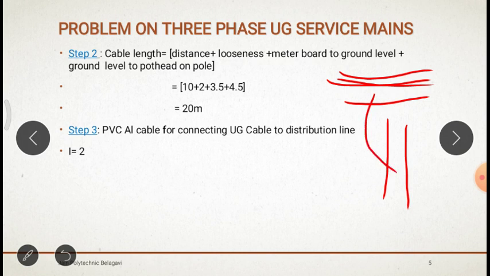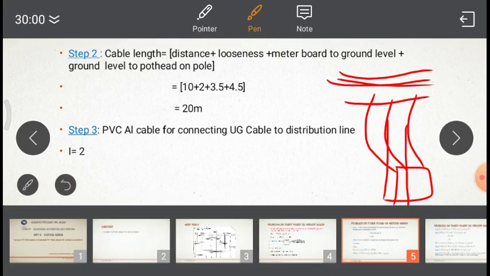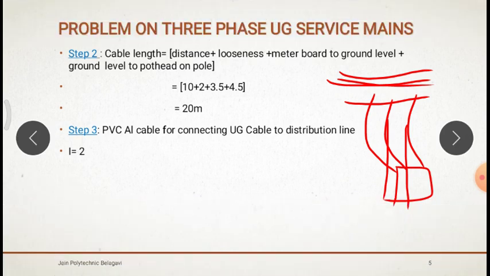So you need a PVC sheath cable for this cable box. This is the pot head. You have to connect from the overhead lines to this cable box with this PVC sheath aluminum wire. For that we need to calculate how many square mm wire we require. For that we take the current into 2.